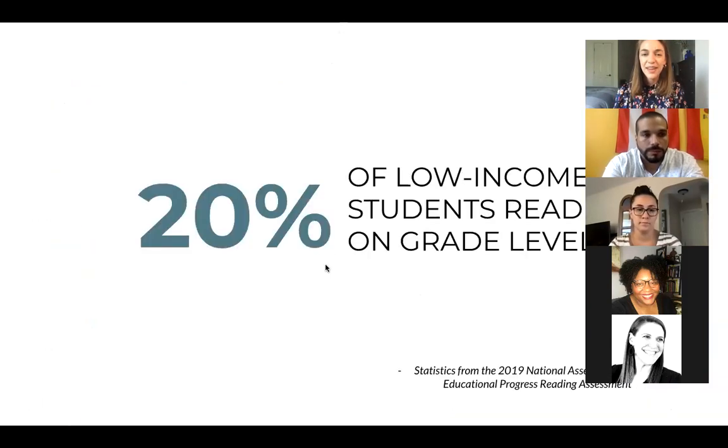Okay. So just macro level, big picture, CommonLit is on a mission to close persistent opportunity gaps in literacy education nationally. And these opportunity gaps run deep. Today in America, only 20% of students who go to low-income schools can read on grade level.